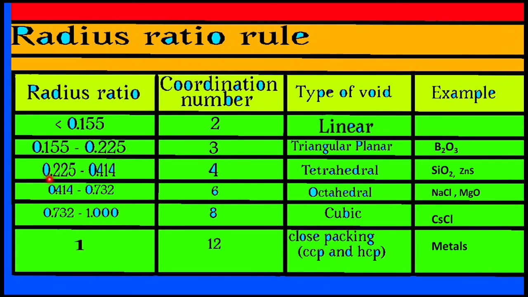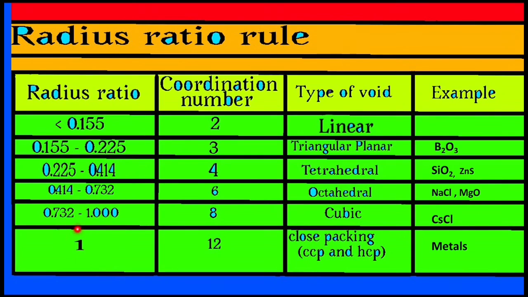If it's in the range of 0.225 to 0.414, then we have coordination number 4, tetrahedral, and examples are SiO2 and zinc sulfide. 0.414 to 0.732 is octahedral, with NaCl and magnesium oxide. 0.732 to 1 is coordination number 8, cubic, and cesium chloride.